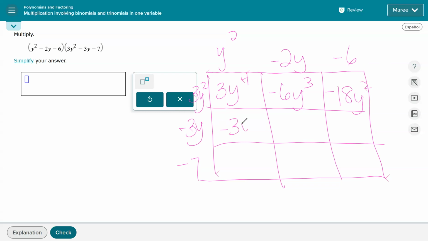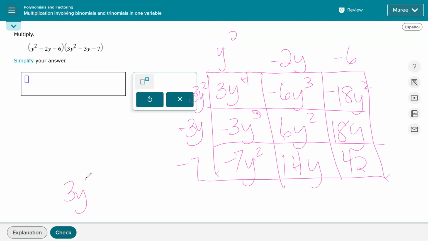Negative 3y cubed, 6y squared, and that's positive 18y, negative 7y squared, positive 14y, and 6 times 7 is 42, so plus 42. So we have 3y to the 4th, negative 9y cubed.